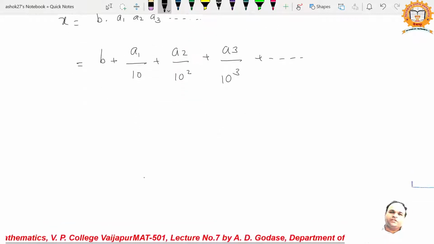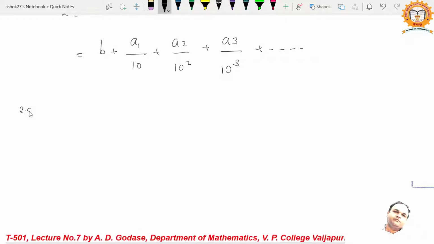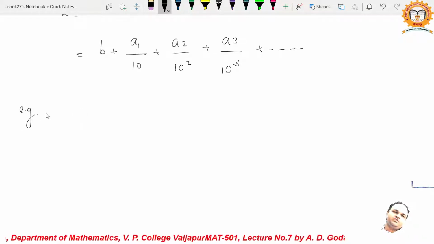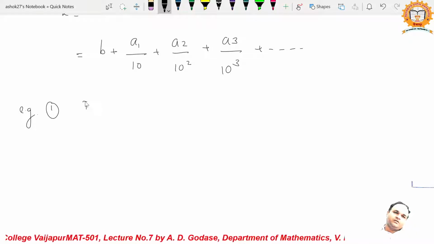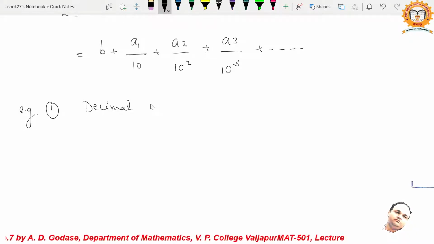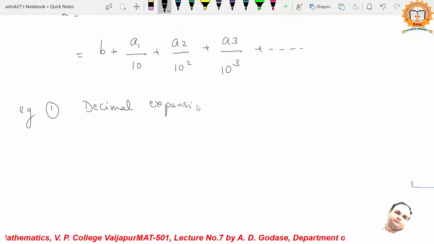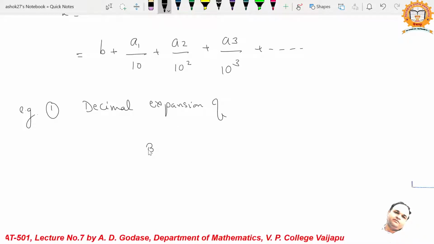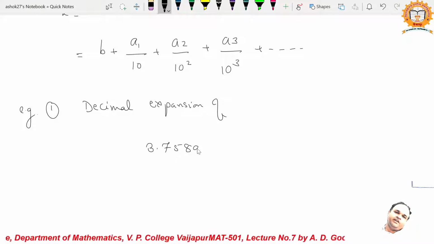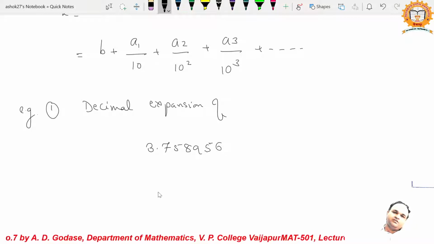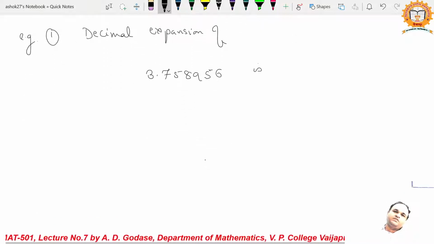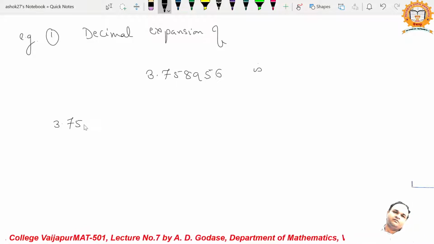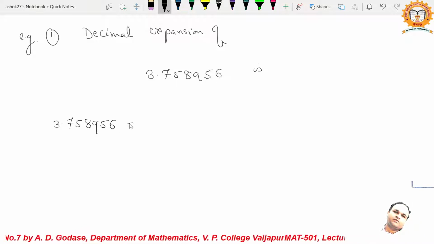For example, what is the decimal expansion of 3.758956?